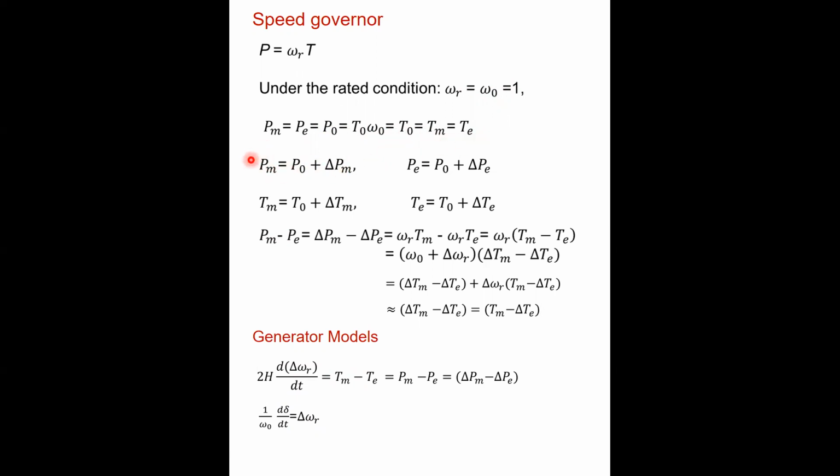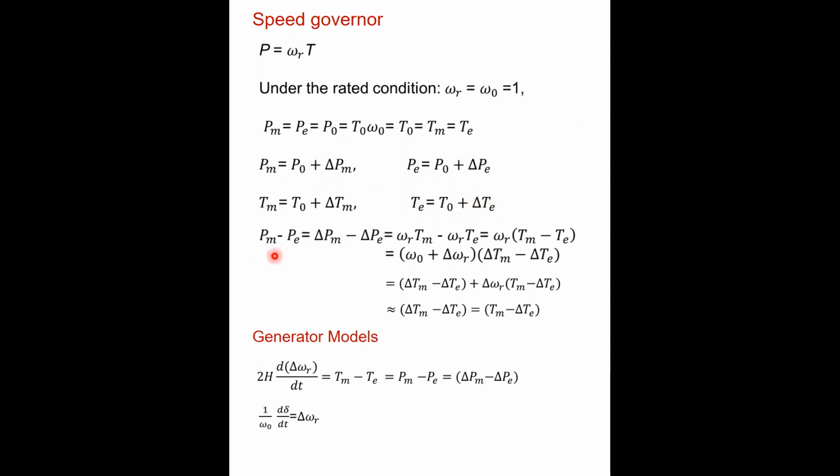Now if you apply some disturbances in the mechanical power and thereby the torque, and in the same way the electrical power and the electromagnetic torque, that means you have introduced some finite amount of change in the mechanical power and the torque and the electrical power and the torque here.